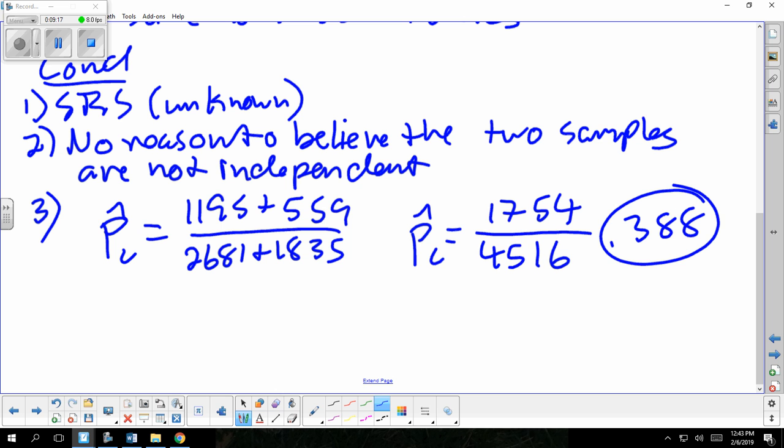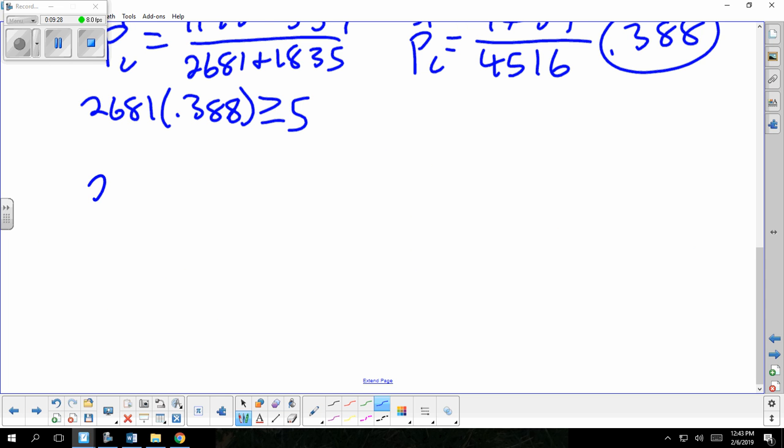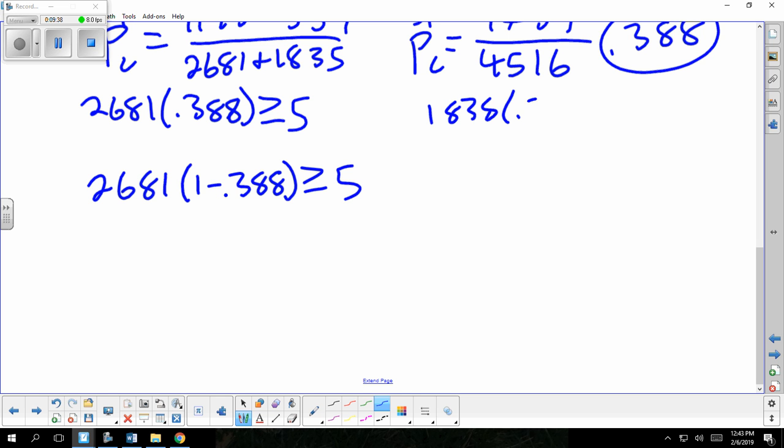So 2681 times 0.388 is greater than or equal to 5. 2681 times 1 minus 0.388 is greater than or equal to 5. And then 1835 times 0.388 is greater than or equal to 5. And then 1835 times 1 minus 0.388 is also greater than 5.